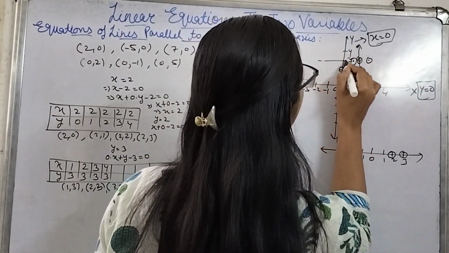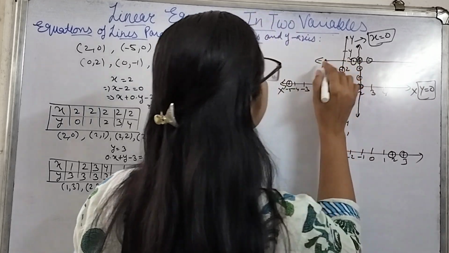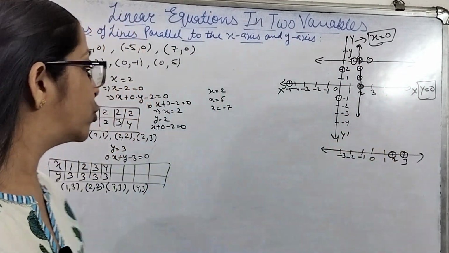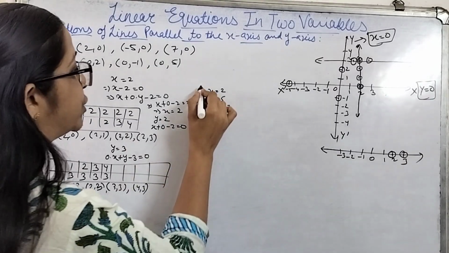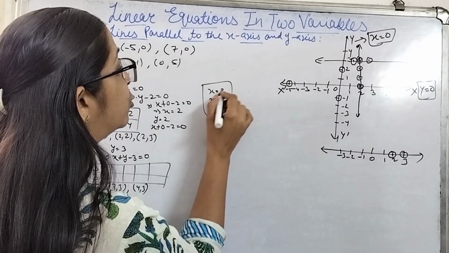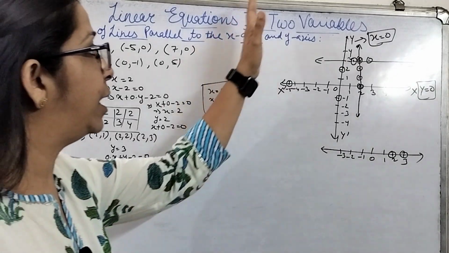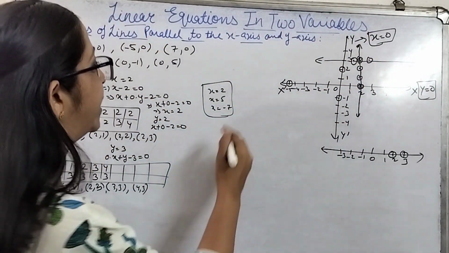So if we join all these points, it will be a line parallel to your x-axis. Whenever we take any equation of the form x equal to a number, these types of equations will be a line parallel to your y-axis.